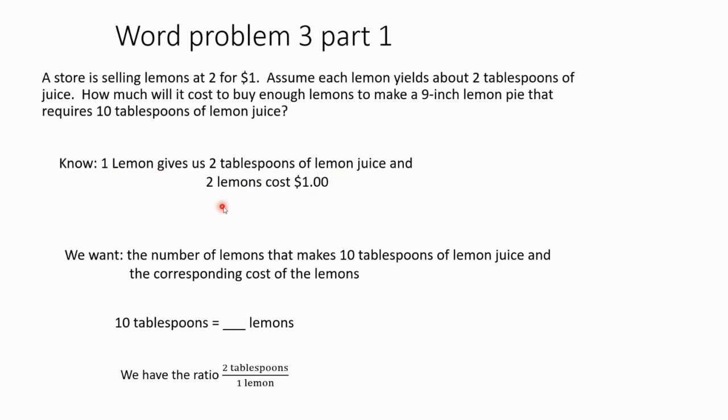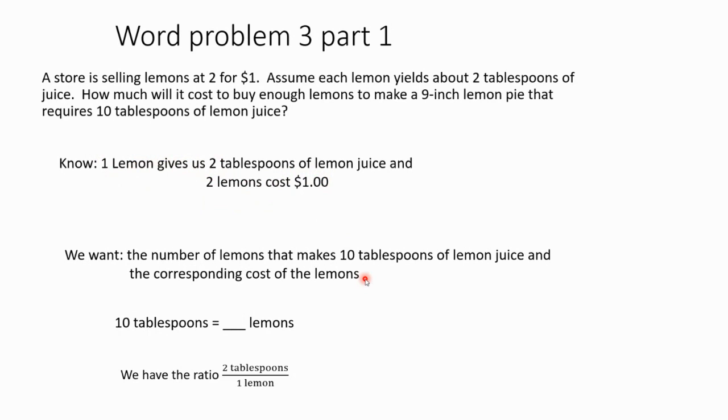So again, let me say it again. If one lemon gives us 2 tablespoons of lemon juice, and 2 lemons cost $1, how many lemons are we going to need to get 10 tablespoons of lemon juice? And how much is that going to cost us?